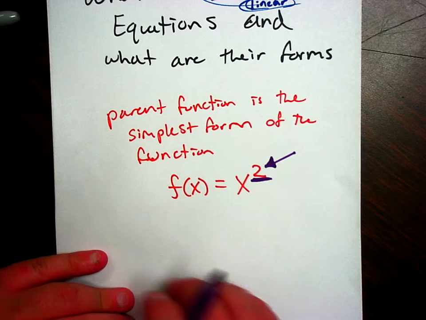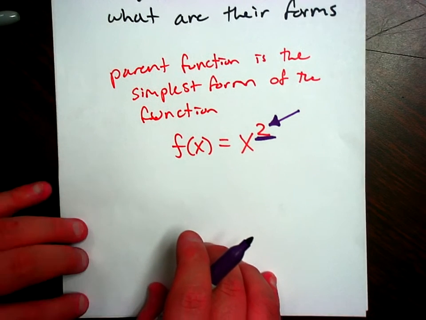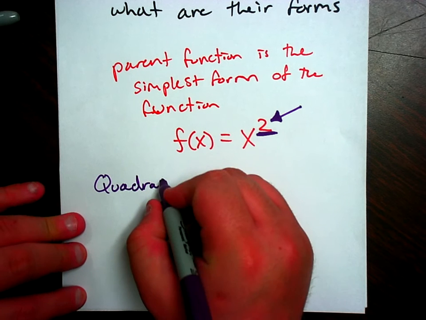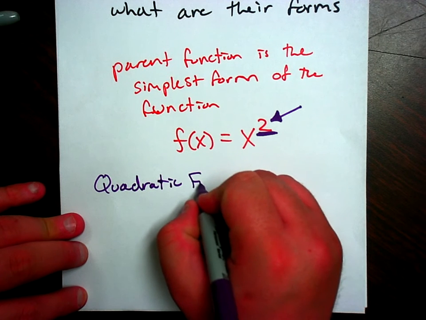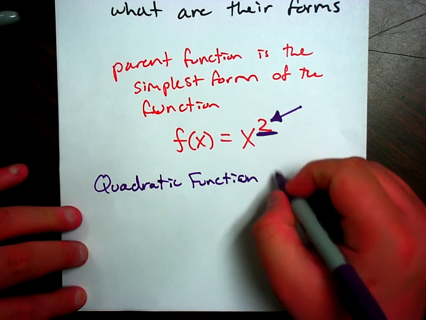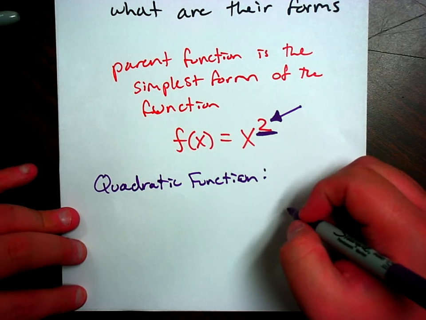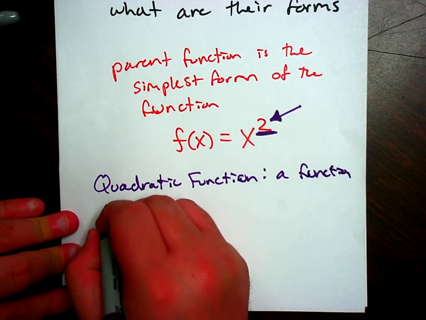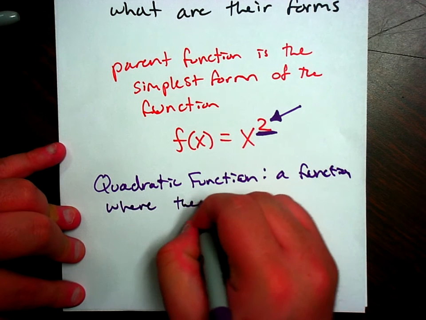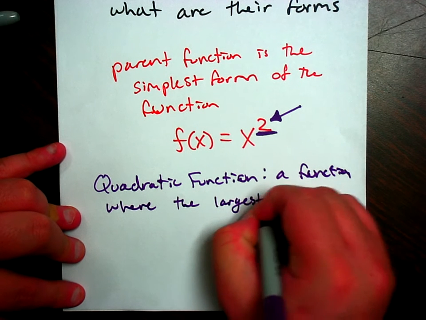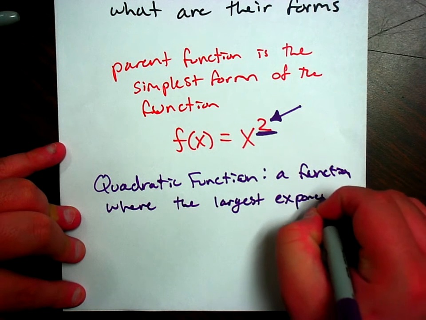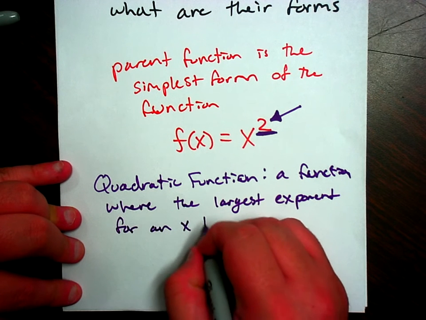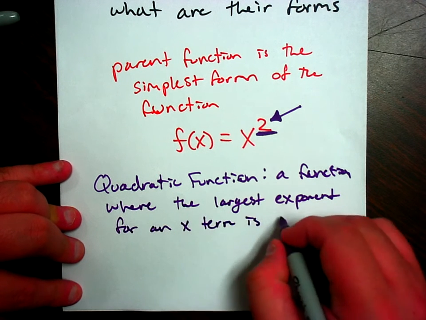So really, if we're looking at the easiest definition of what a quadratic function is, it's going to be a function where the largest exponent for an x term is 2.